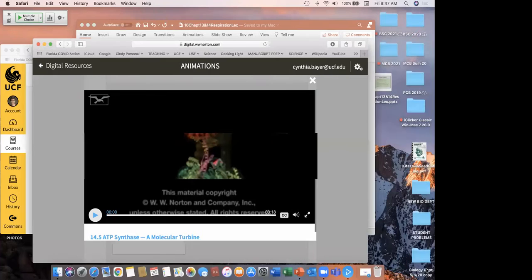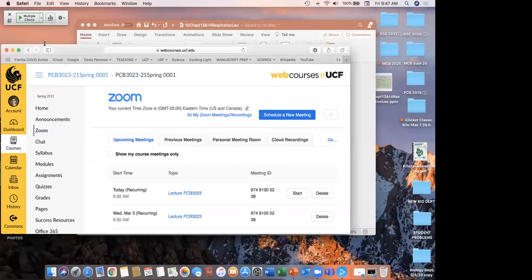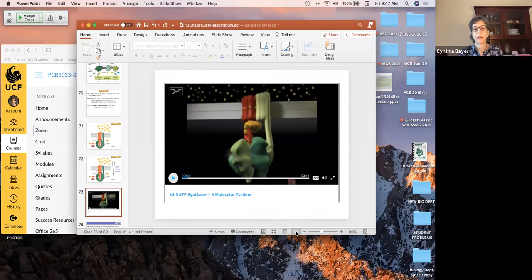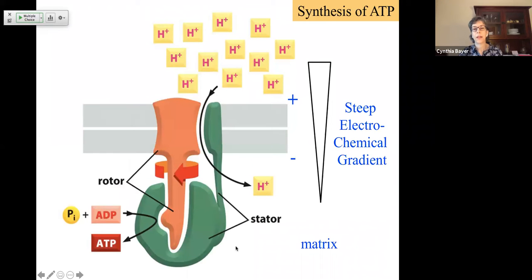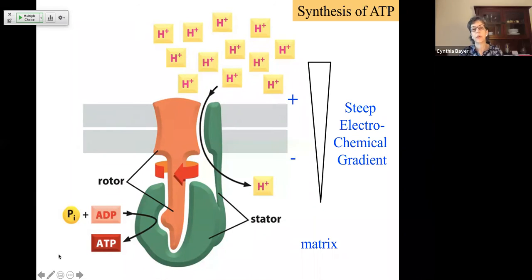Okay, let me get this back. So I think that's very nice to be able to have a view of the actual motion, right? Just looking at a static two-dimensional image does not show what's going on.